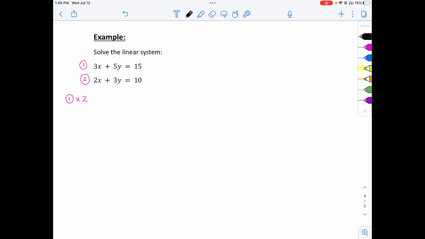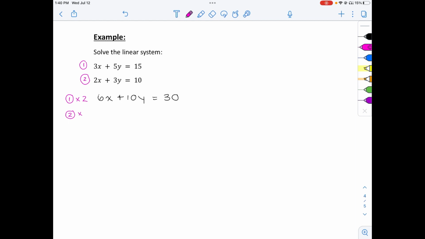So if we're multiplying by 2 here, then we would have 6x plus 10y is equal to 30. And then I'm going to take equation 2 and multiply it by the number in front of x in my first equation.